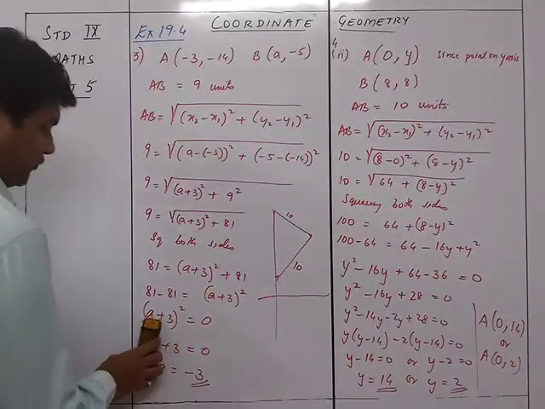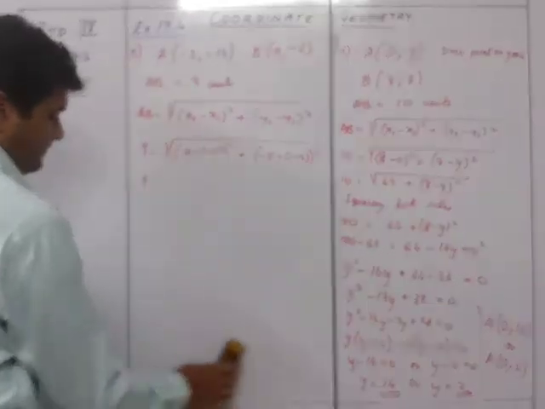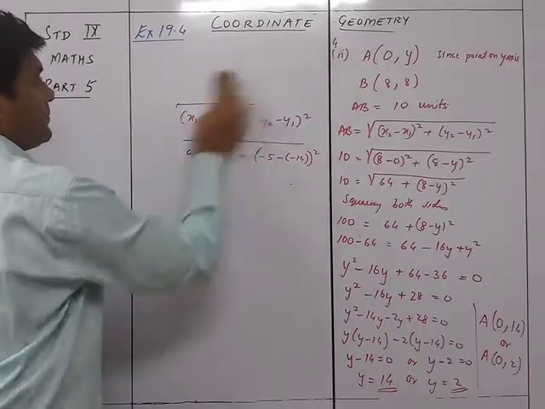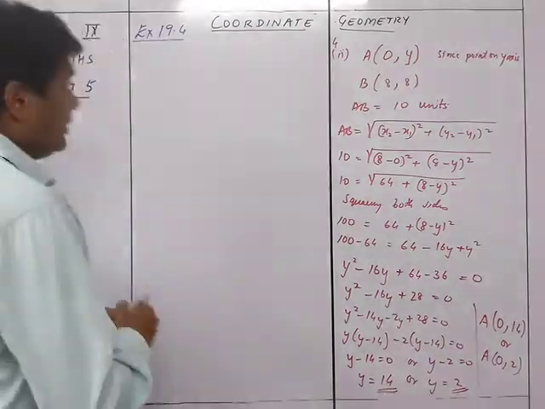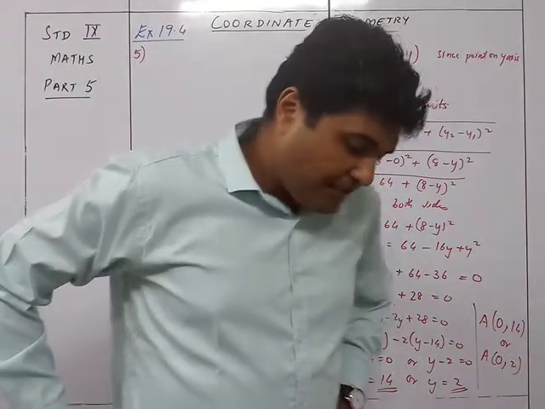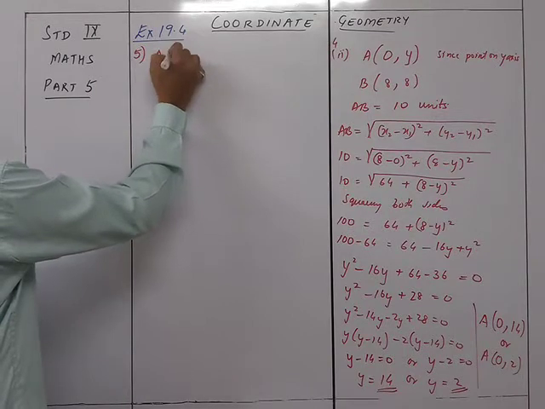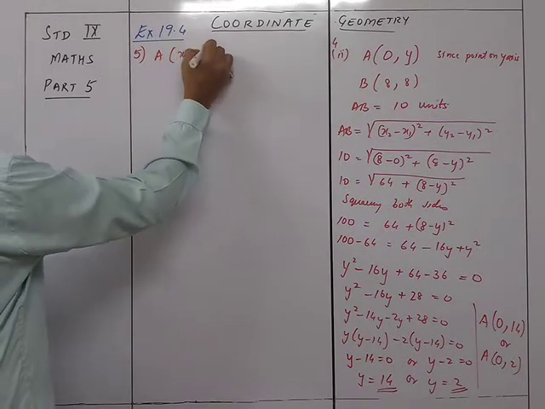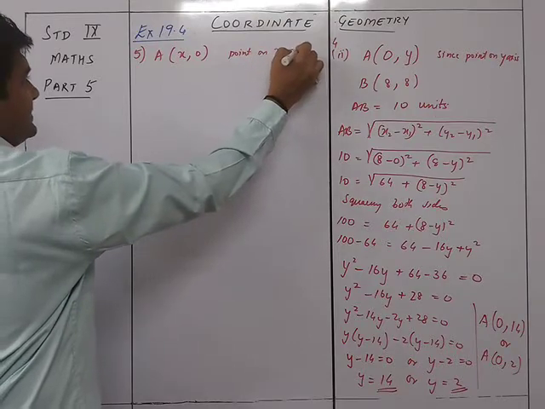We now move on to sum number 5. Find the point on the x-axis. So A is x comma 0.